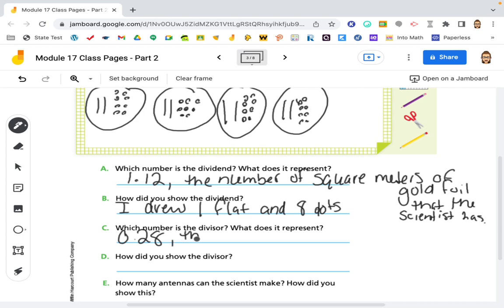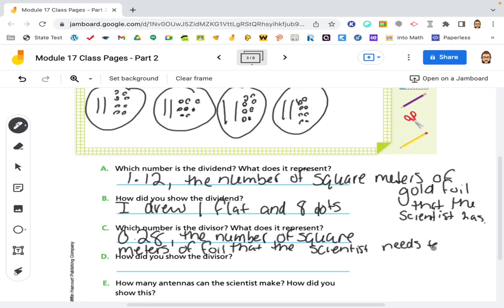And it is the number of square meters of foil that the scientist needs to make one antenna.